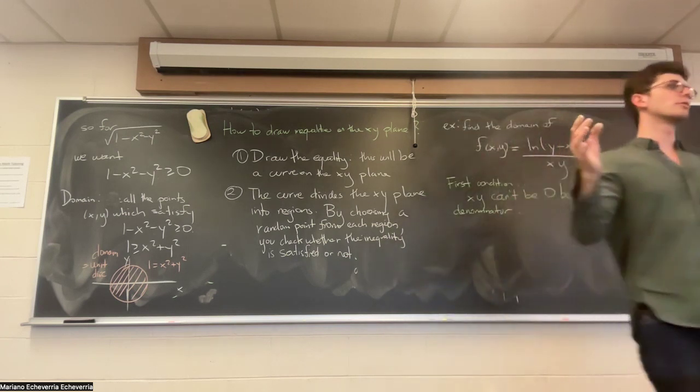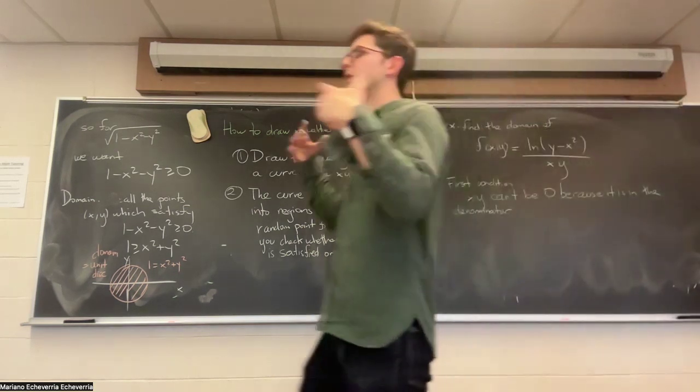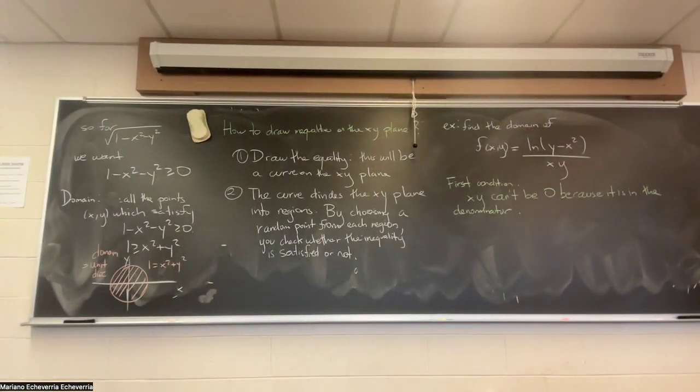And then you ask, well, when could x times y equal zero? For that, you just need one of the two factors to be zero, right? The moment x is zero or y is zero, you're done.